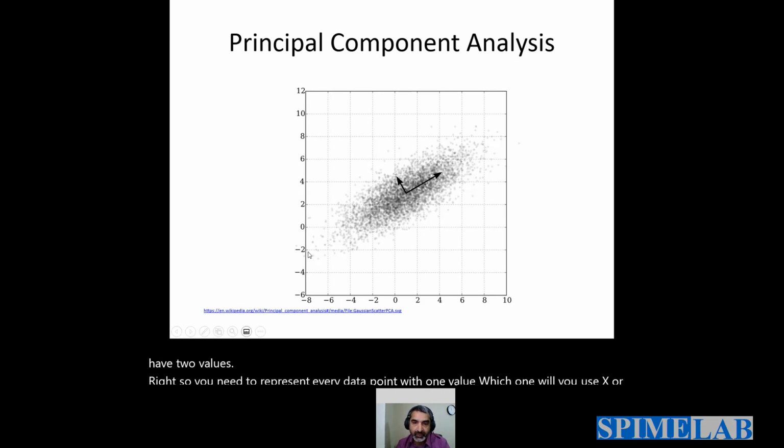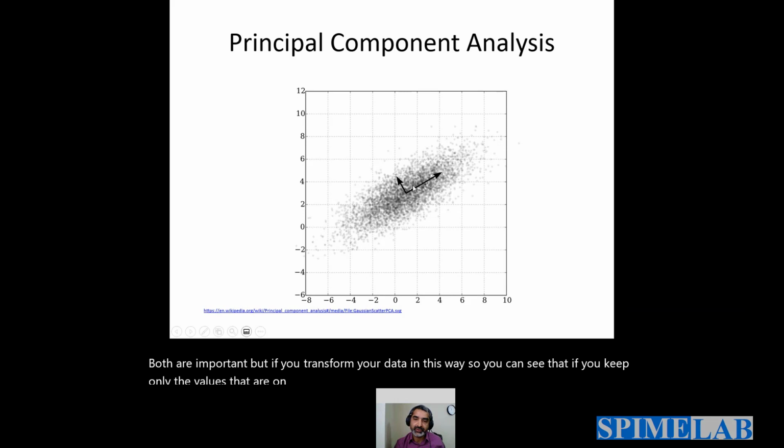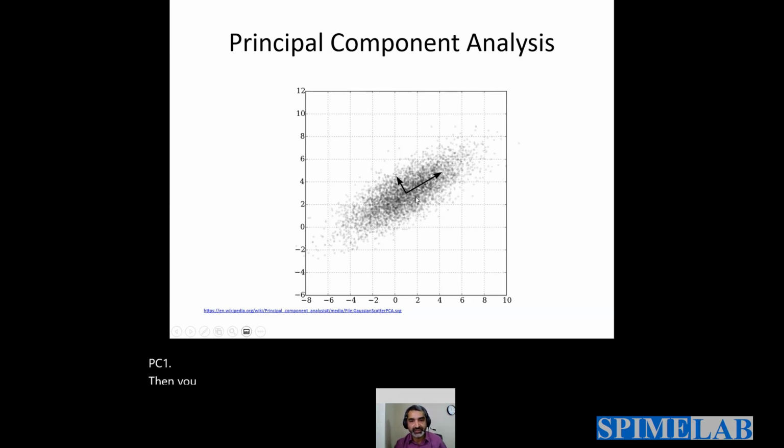But if you transform your data in this way, you can see that if you keep only the values that are on this axis, the new maximally variance-explaining axis, PC1, then you will lose very little information. If you use this axis, you will lose a lot of information.